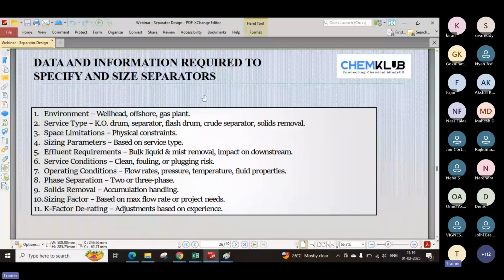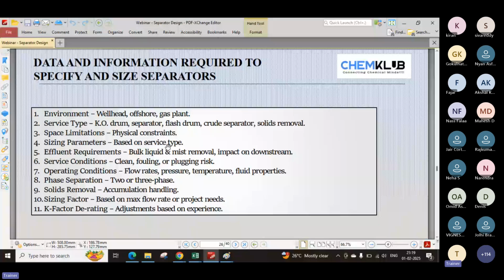This is what we discussed about what information we require, like whether it is offshore, onshore, or a gas plant, what type of separating application we have, whether it is a KO drum, inlet separator, compressor inlet separator, or some kind of solid removal, and whether there is any space limitation.